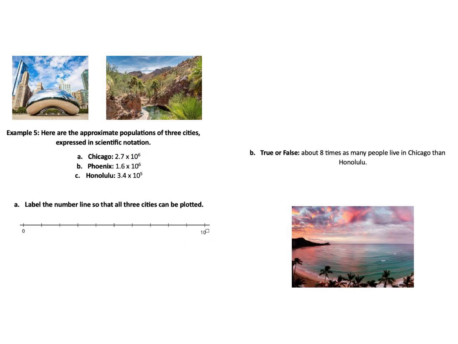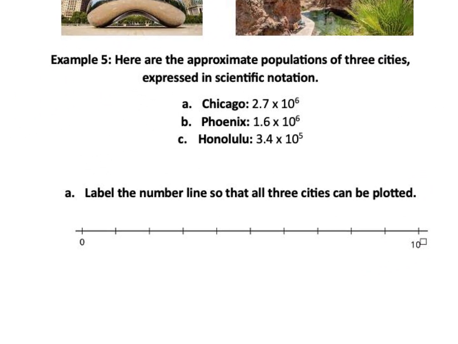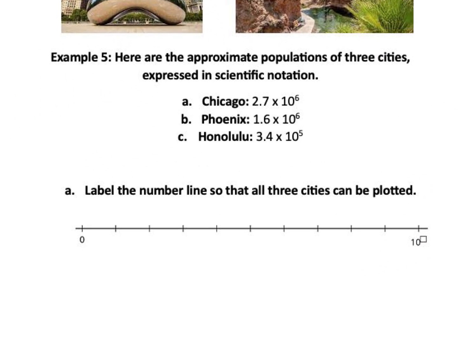So again, we're going to take this number line and label it with the bigger exponent. So remember, the last one is always like 10 times 10 to the 6th, which is actually 10 to the 7th. Okay, so remember, we're doing the number lines there.